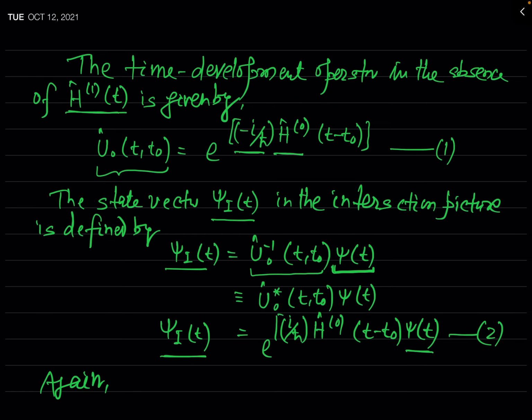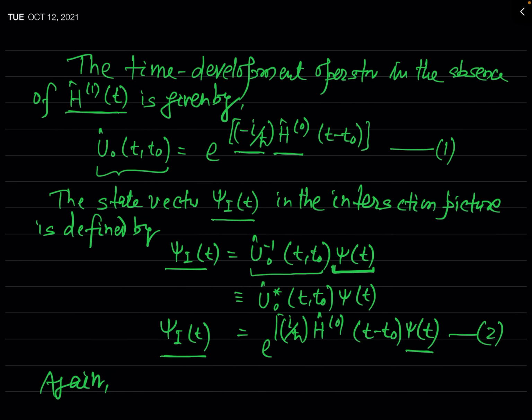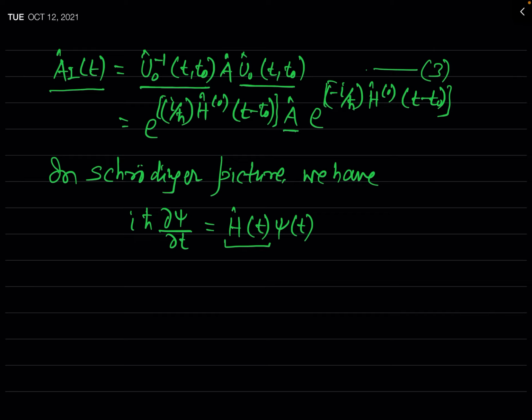Now you have seen in equation number 1 that the Hamiltonian H hat of t is the sum of two Hamiltonians, the time independent Hamiltonian H hat 0 and the time dependent Hamiltonian H hat 1 of t. So let us substitute for H hat of t from equation 1 in this result.